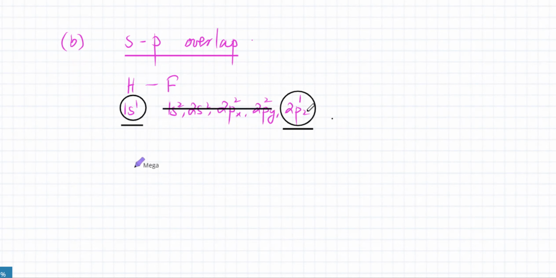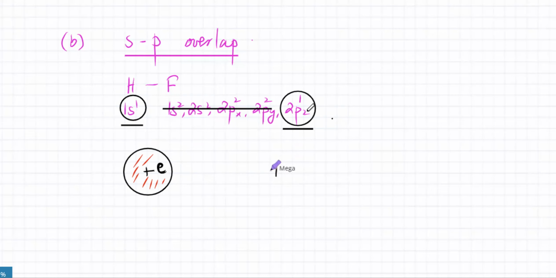So I'm just going to draw, in hydrogen's case, a spherical orbital, the nucleus, and exactly one electron buzzing around in this spherical region. And the negative charge of that electron is going to be everywhere in that region. And the other one is fluorine.